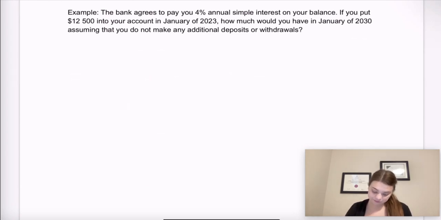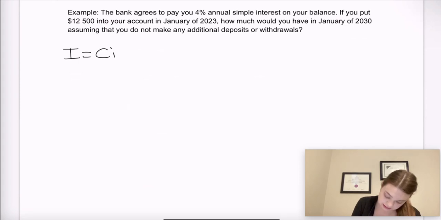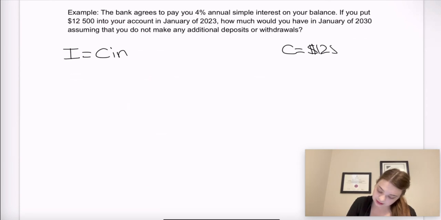Okay, so in this case, first we need to find the interest that is going to accrue on this balance of $12,500. So interest is equal to CIN, where C is the original capital that we put in the account. So that's going to be $12,500. The interest rate they're paying is 4%.